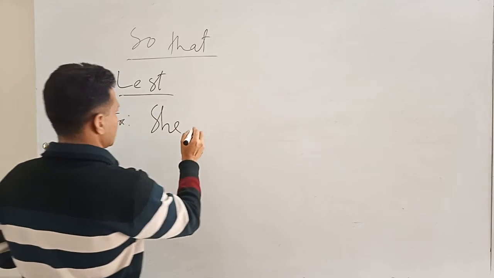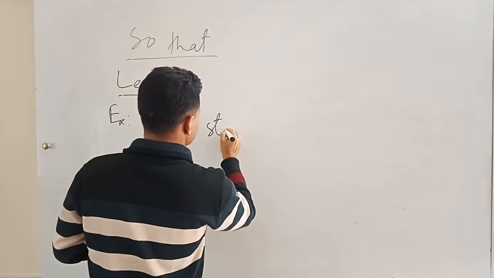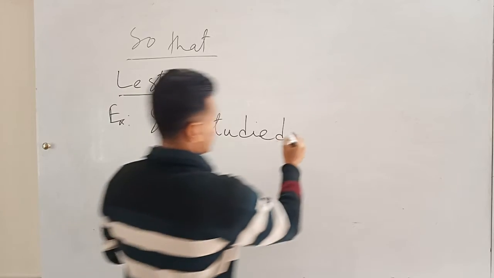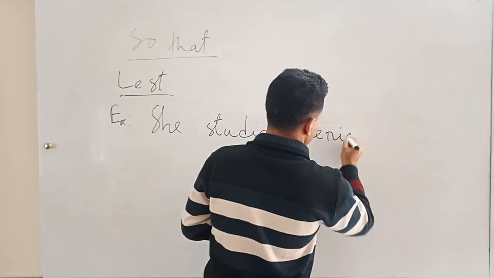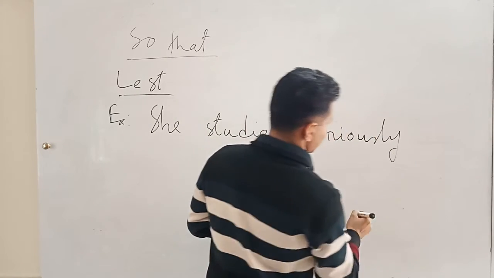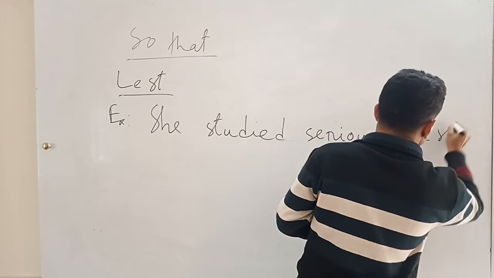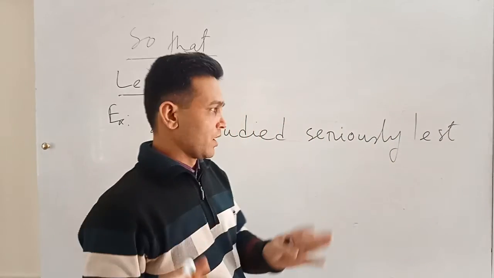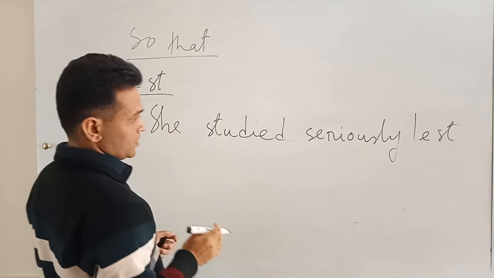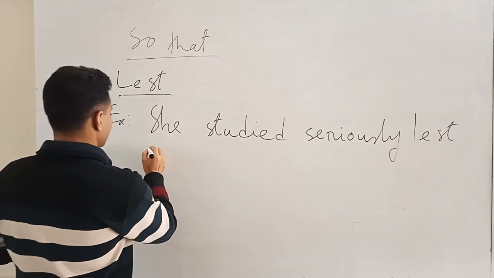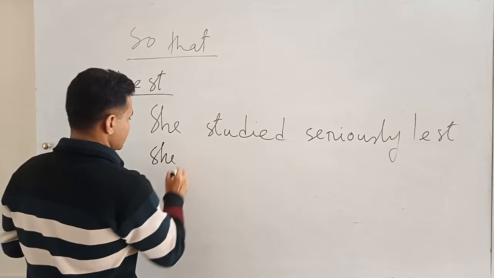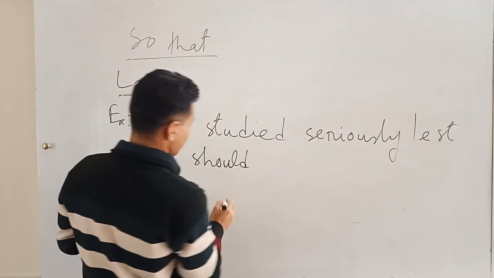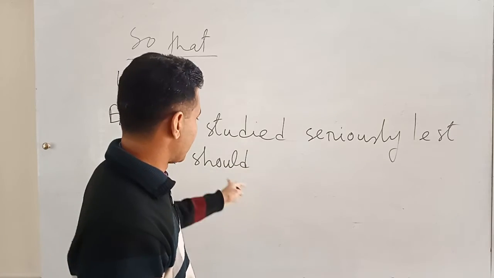She studied seriously lest. Okay, after lest you have to use subject plus should or might. She studied seriously lest she should, you have to use the subject, she should. Or might, you can also use might here.